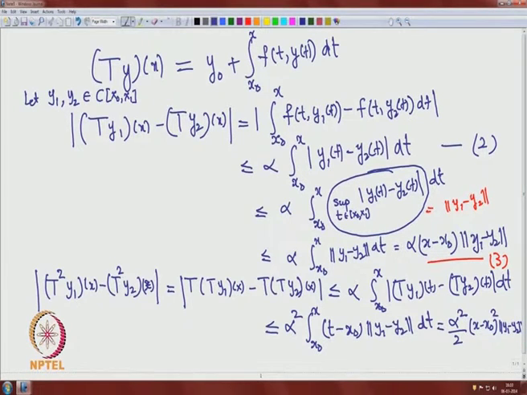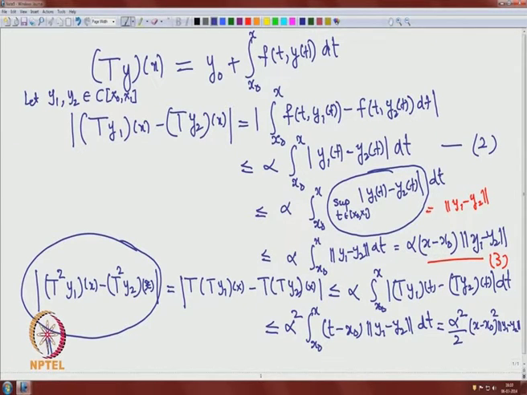So, therefore, what is the conclusion? If I take the supremum of this quantity over x varying on the interval x0 to x1, then that becomes a norm.